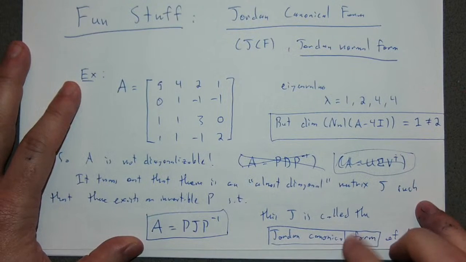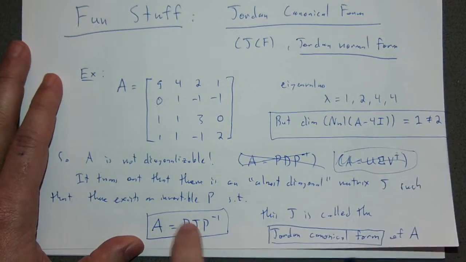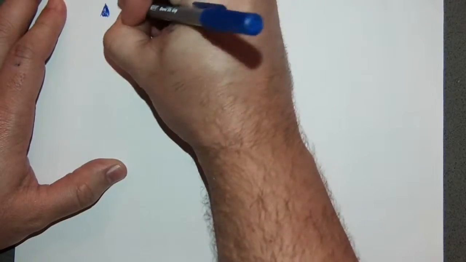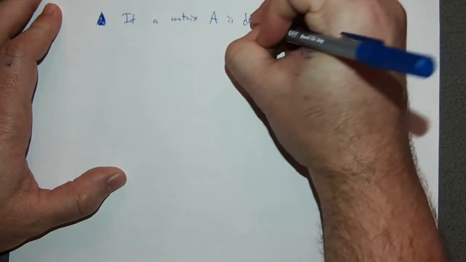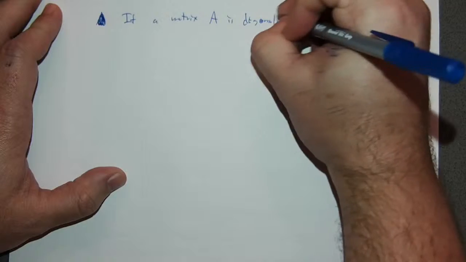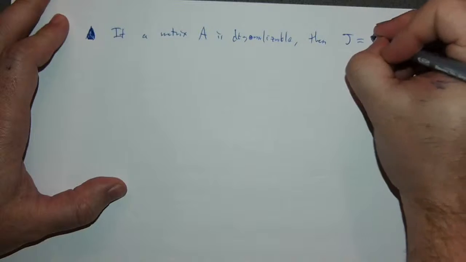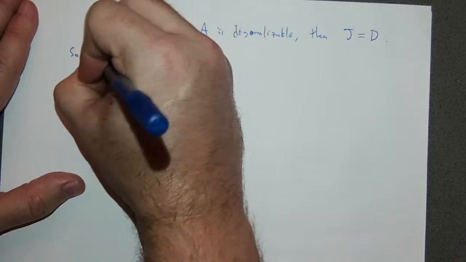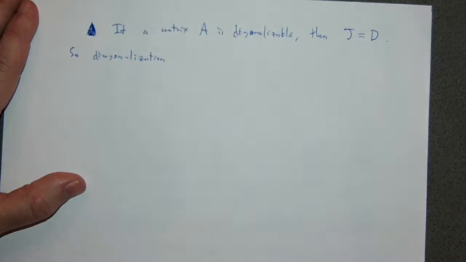Actually, if a matrix A is diagonalizable, then J is equal to D. So diagonalization is a special case of putting something in its Jordan canonical form.